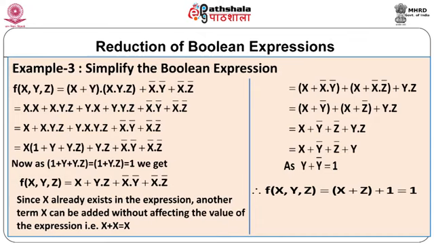So, after 4 lines, as you can see, we get the terms 1 OR with y OR with yz, that is also equal to 1 OR with yz, that is also equivalent to 1. So, thus the term is reduced to only a binary number 1.